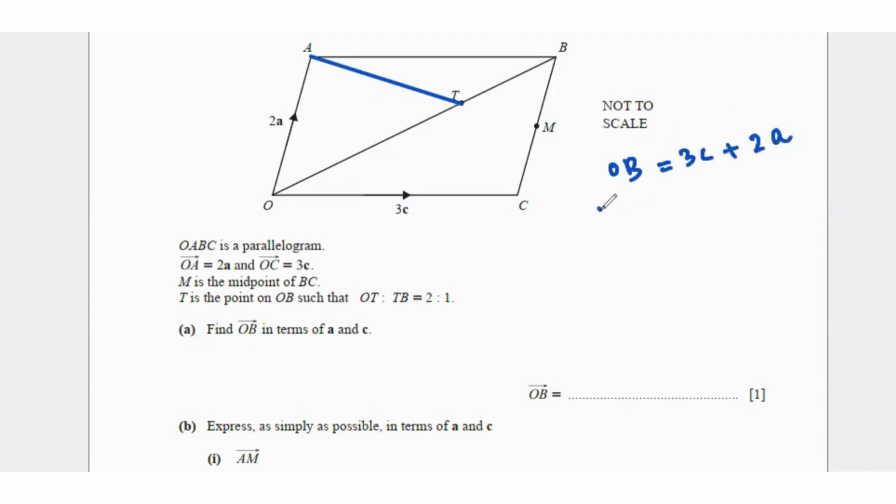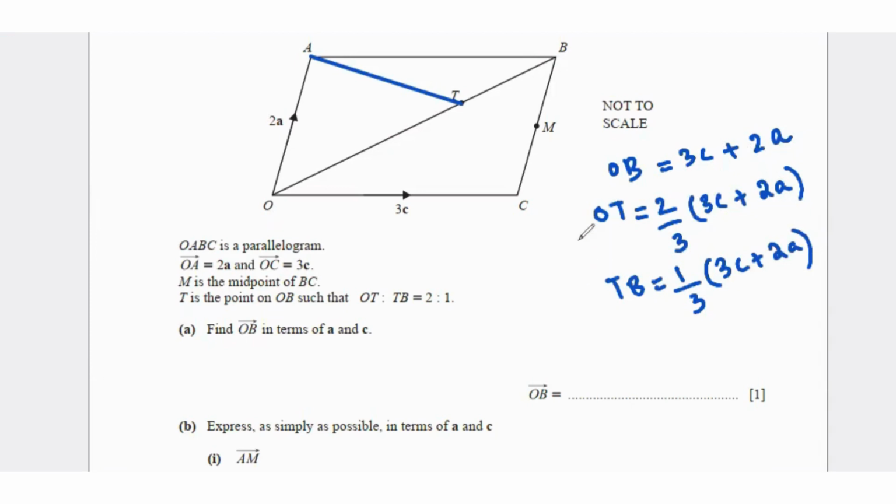So which means OT would be 2/3 times 3c plus 2a, and TB would be 1/3 times 3c plus 2a.